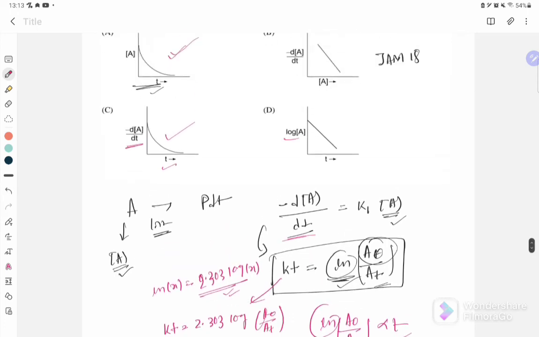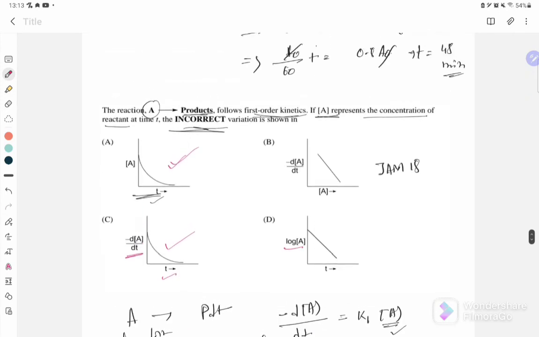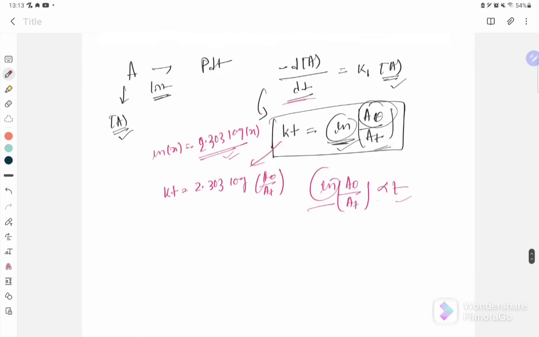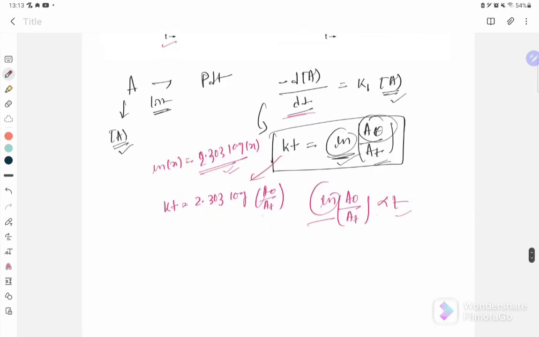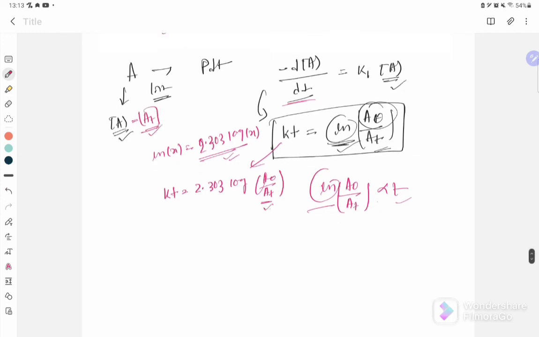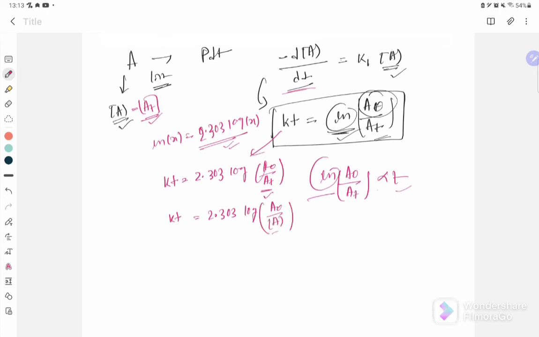It asks about A, the concentration of reactant at time t, so kt is equal to 2.303 log of A0 by A. Okay, that is the question.